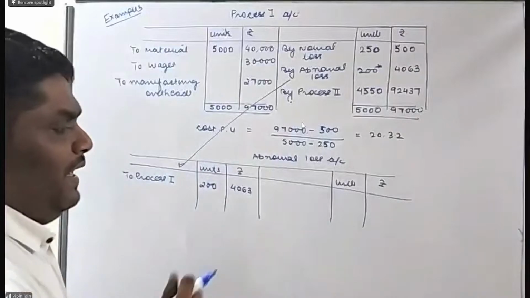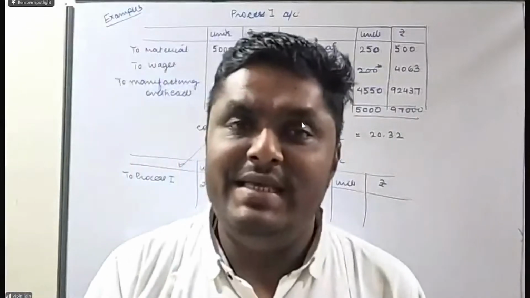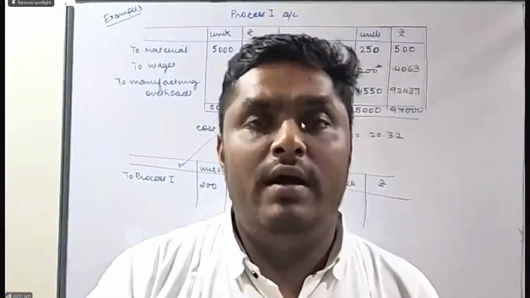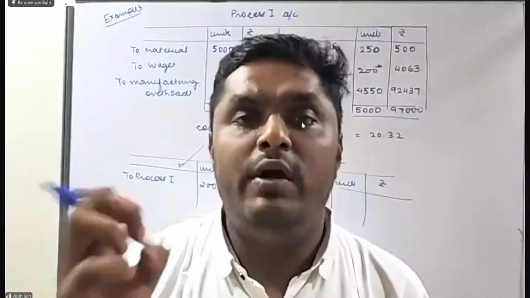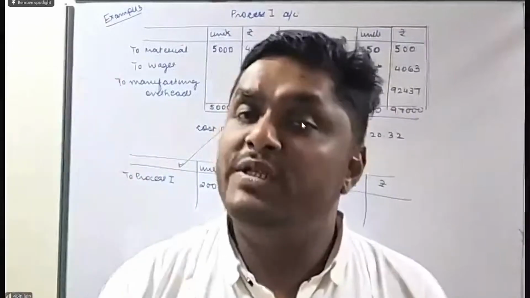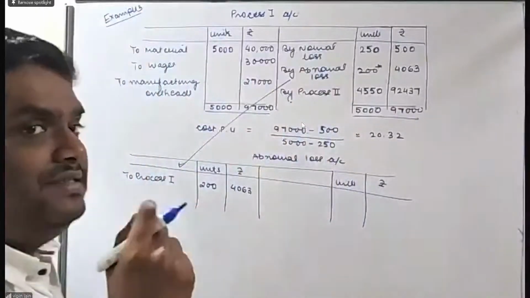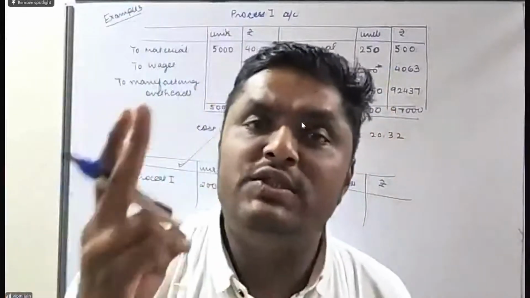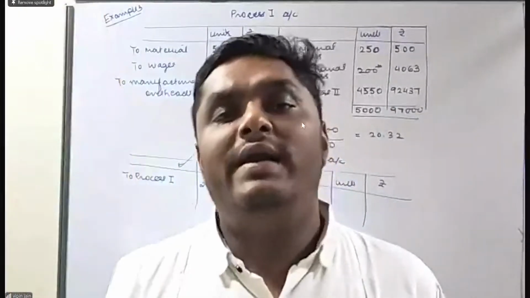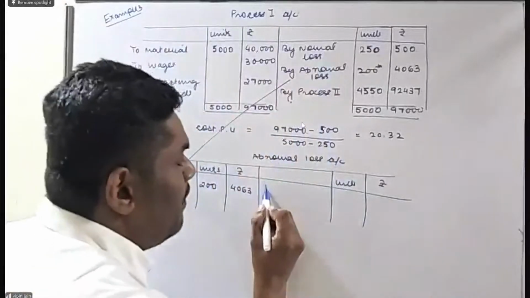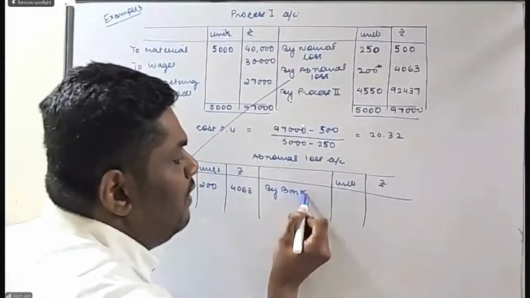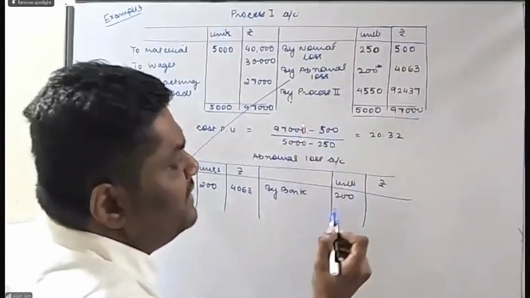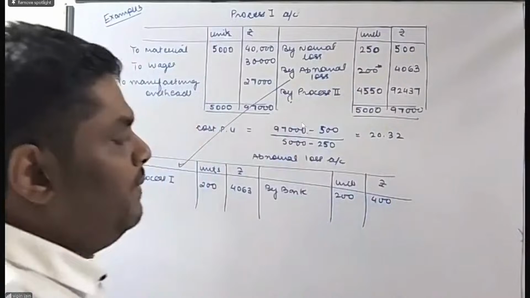Now, very important, guys. The information is given in the question that whatever units are scrapped or damaged will be sold at the rate of rupees 2 per unit. So we will assume that just like the normal loss units, just like these 250 units, these 200 units are also sold in the market at the same scrap value. So by bank, these 200 units are also sold in the market at the same price, that is rupees 2 per unit. So 400 amount is realized.